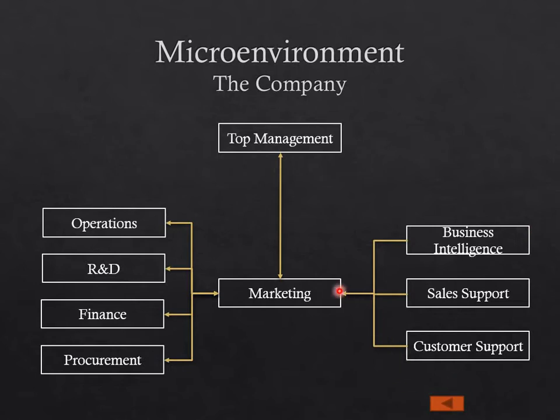The marketing management coordinates all the activities with the operations department, research and development, finance, the procurement department, and all these departments along with the marketing department. They provide a strategy, or multiple strategies, which may lead the company to a certain competitive advantage.